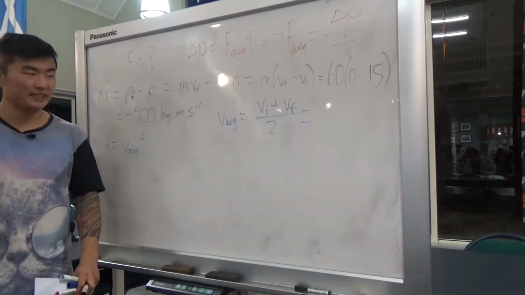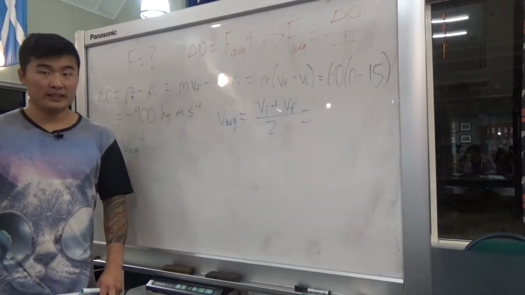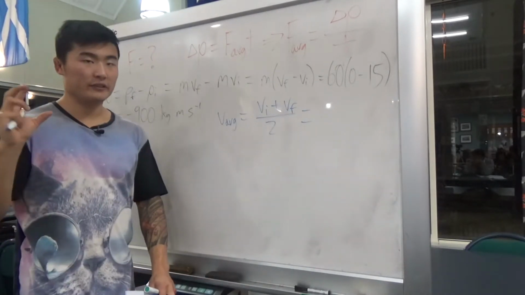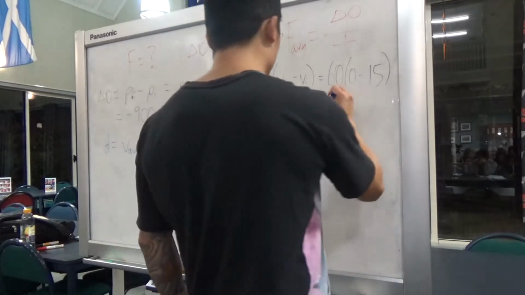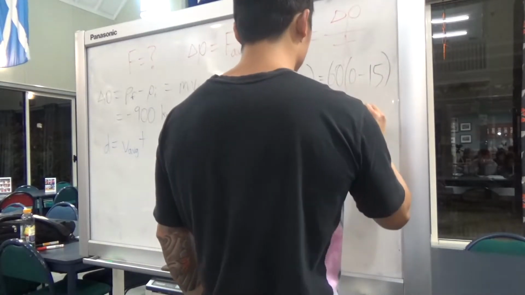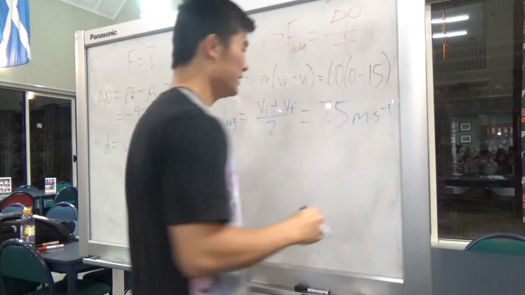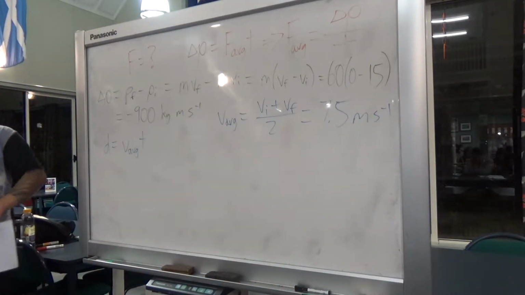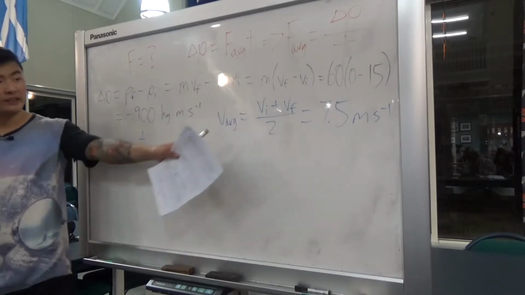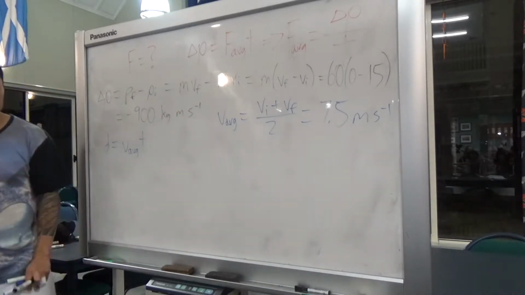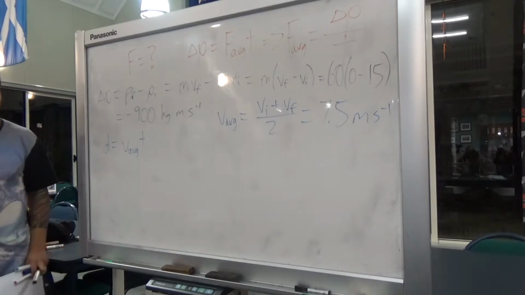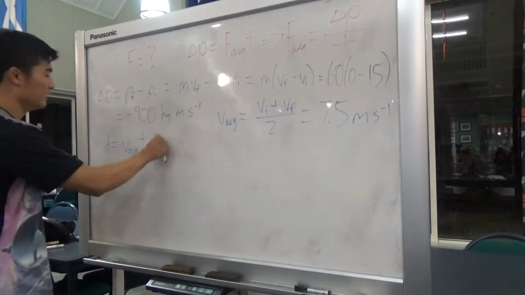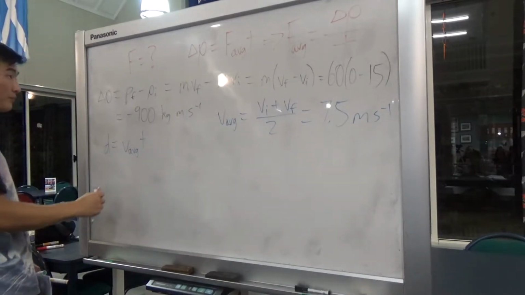Remember, if you have constant acceleration, the average velocity is going to be the halfway point. So she had a change in velocity of 15, so her average velocity will be 7.5. That would just be 15 plus 0 divided by 2, which is 7.5.